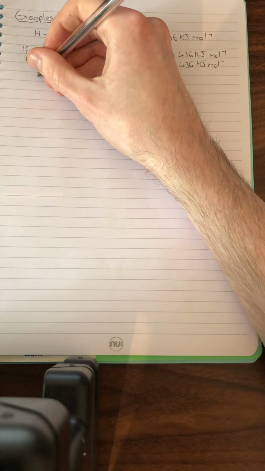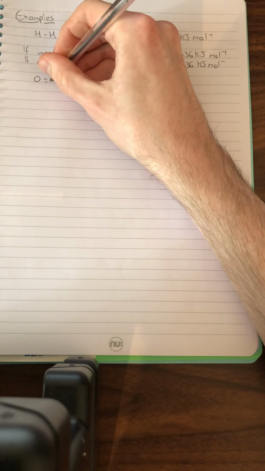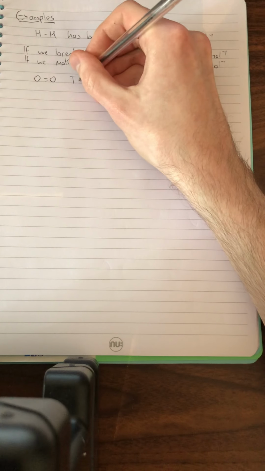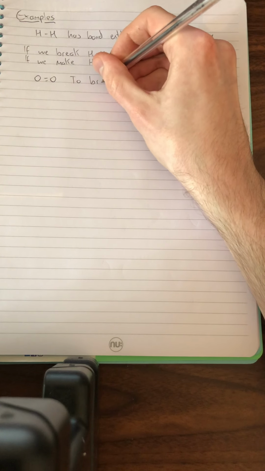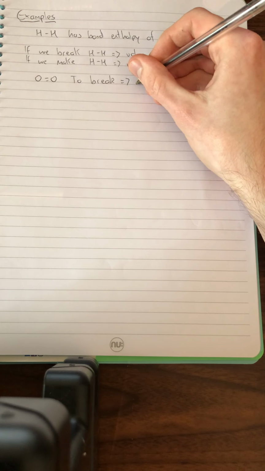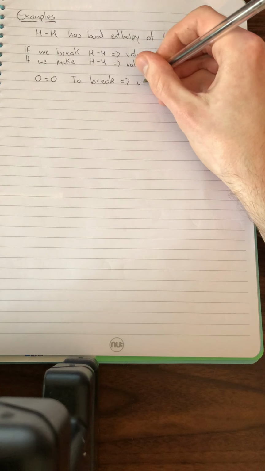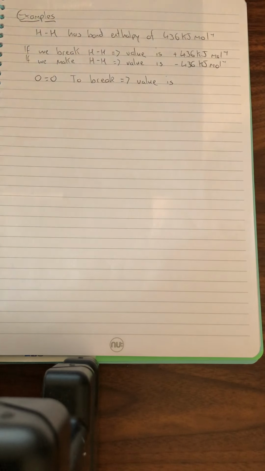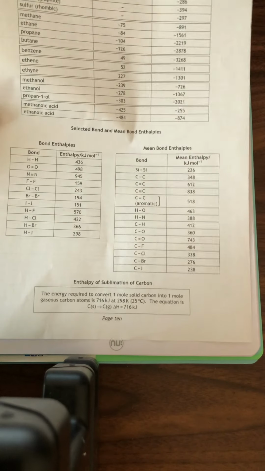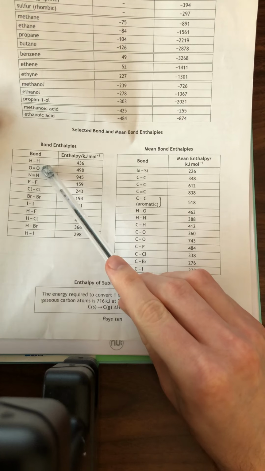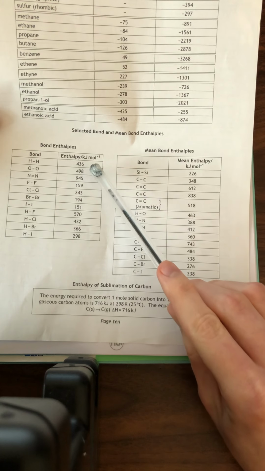Let's go to oxygen. Okay, so to break O2, the value is what? Let's look at our data book. Where's oxygen? Here it is. Okay, 498.